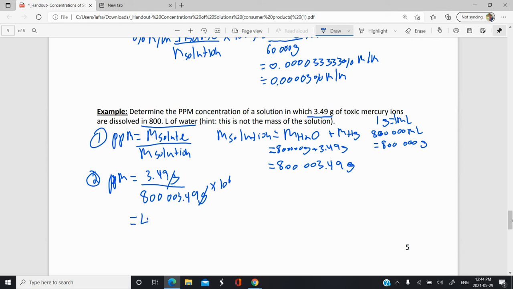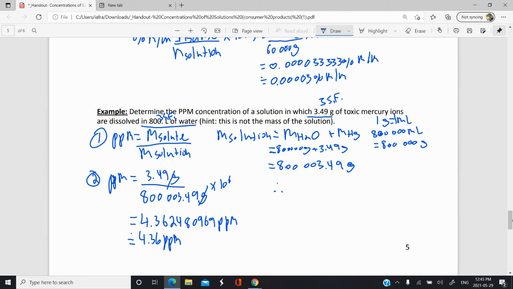And we get approximately 4.362480969 ppm. It looks like 3 sig figs is our smallest number of sig figs. So to 3 significant figures, that would be 4.36 ppm. And then you can make a therefore statement.